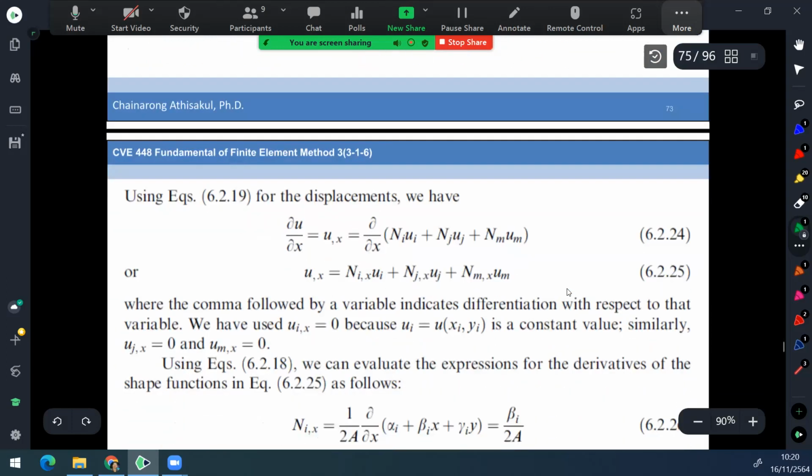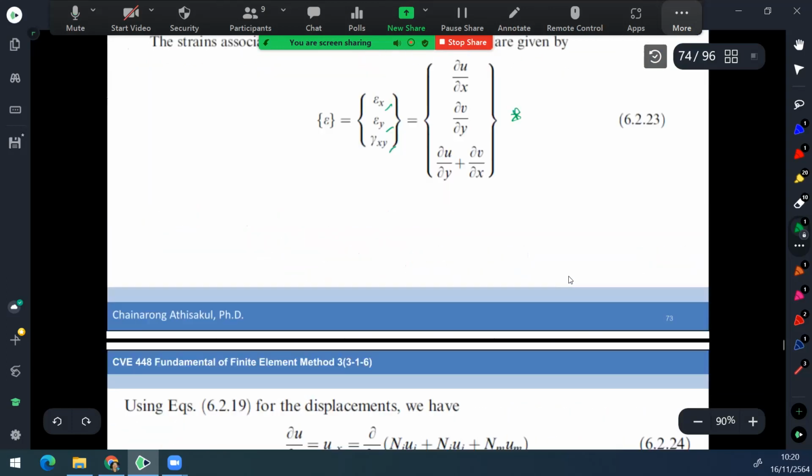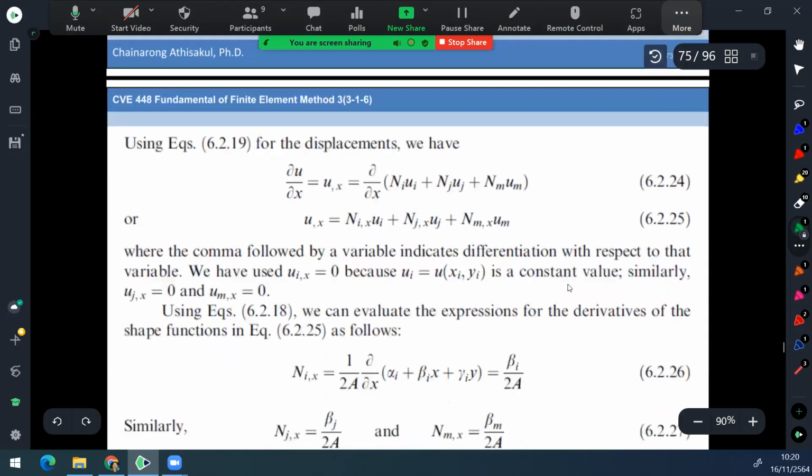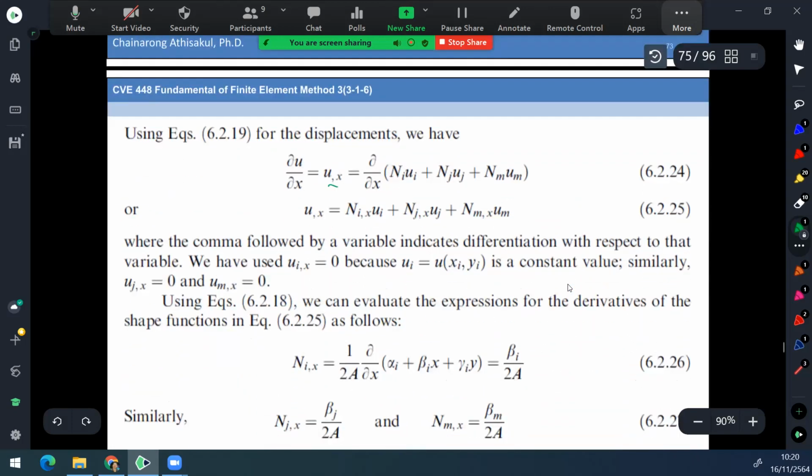So epsilon x, that is partial u by partial x, is the first derivative of u with respect to x. What does it mean? It means that since u is equal to Nd, we take the first derivative of the displacement with respect to x, and then we have this term: the first derivative of the shape functions Ni, Nj, and Nm with respect to x.